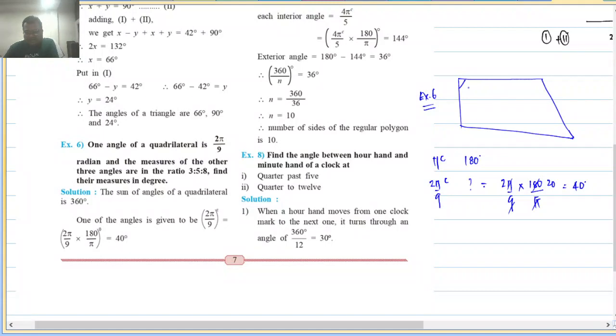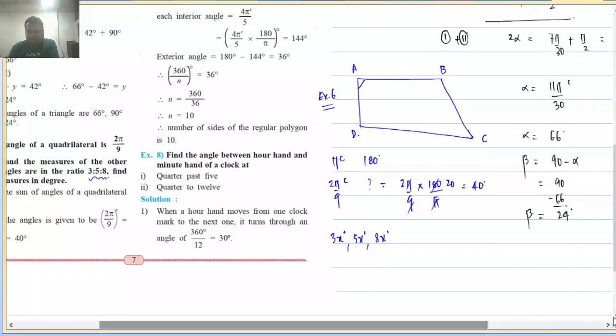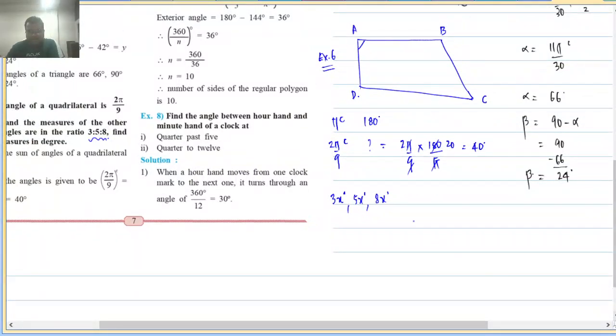Suppose the angles of the quadrilateral are like this, A, B, C, D. He says that the other three angles are in the ratio 3:5:8. So what are the other three angles? Suppose 3x, 5x and 8x degrees. But we know the angle sum property of a quadrilateral. What is angle sum property of a quadrilateral? Sum of the angles of a quadrilateral is 360 degrees.